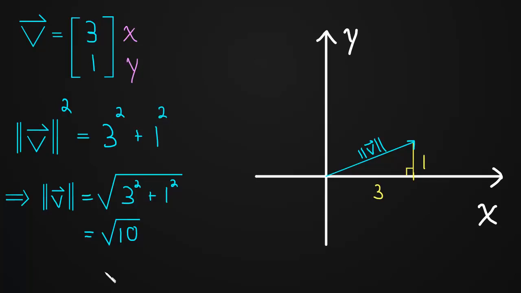And it's really just as simple as that. All we're doing when we're finding the length of a vector is finding the hypotenuse of a right triangle using the Pythagorean theorem.